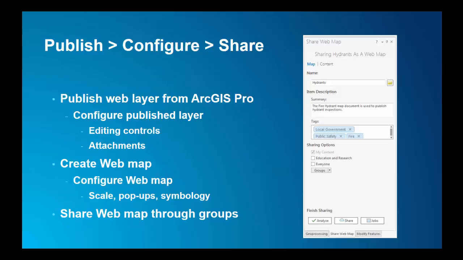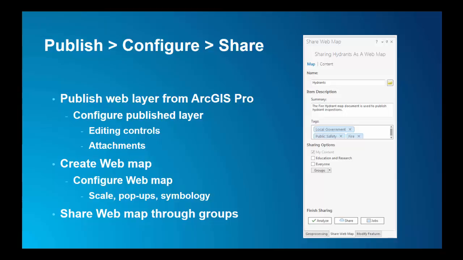For this webinar, because we're publishing directly to ArcGIS Online from ArcGIS Pro, we're going to author and publish a web map using one tool. Once published, the content can be reused within ArcGIS Pro as well as across the ArcGIS platform, including browsers and mobile devices.